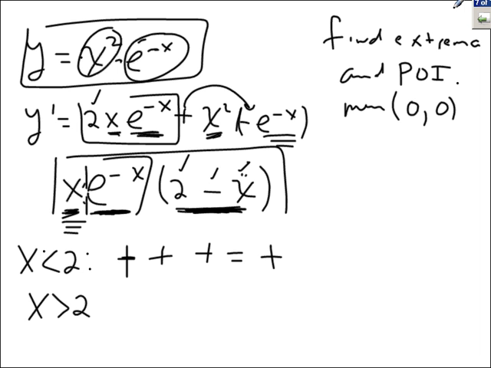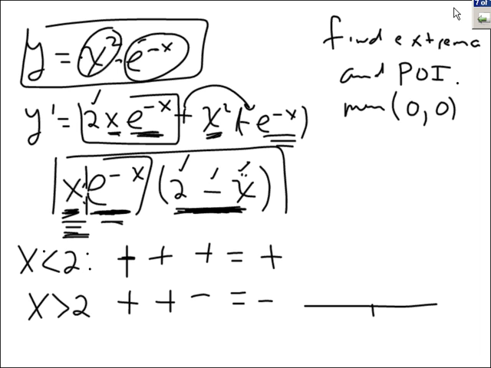Now if x is more than 2, then x is positive, and e to the negative x is positive. And if you have 2 and you take away more than 2, now you're negative. If you have $2 in the bank and take out $2 and a nickel, you're negative. You took out more than $2. So the overall sign is negative.